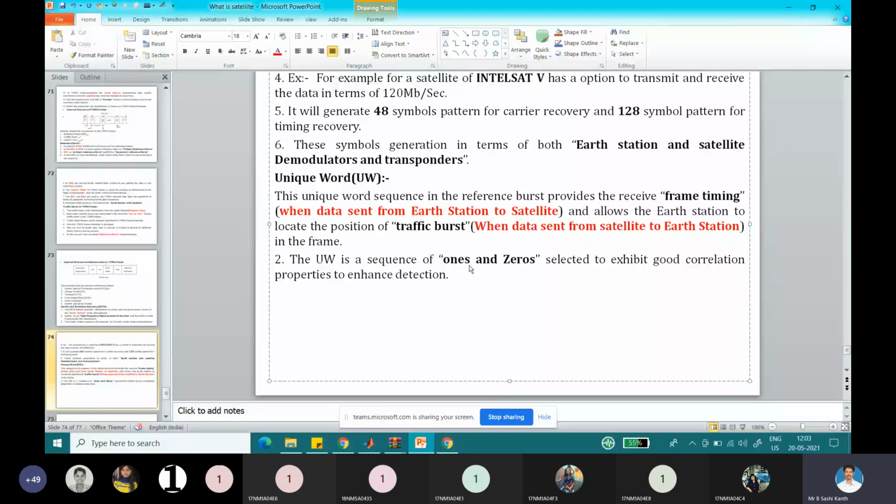Next, we are going to discuss teletype and voice order wire. Both the things we will study simultaneously, TTY and VOW.